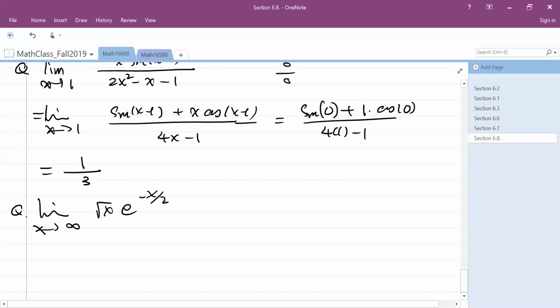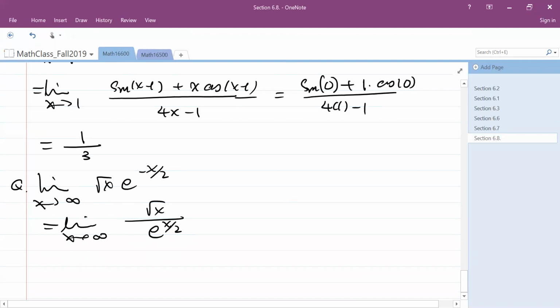If I'm able to express it as a quotient, then I can try. So this is the limit as x approaches infinity of square root of x over e to the x over 2. Let's look at what type of function this is. As x approaches infinity, the numerator approaches infinity, the denominator approaches infinity. So I can apply L'Hopital's rule.